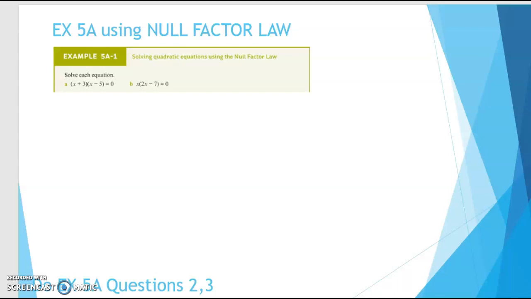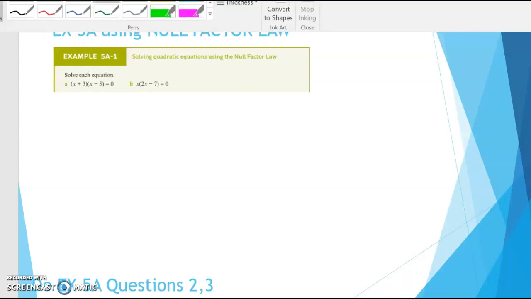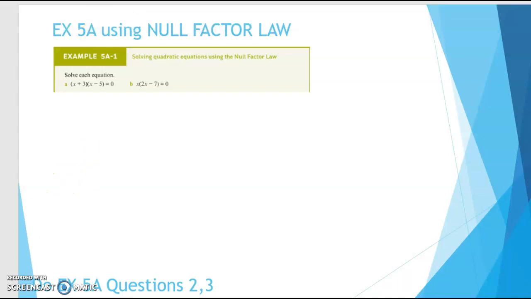So I'll just switch to the other pen, and here we go. Let's have a look at the first one. We have the equation already in factorized form. In other words, we have the first expression, which is x plus 3, and the second expression, so they're the two factors.